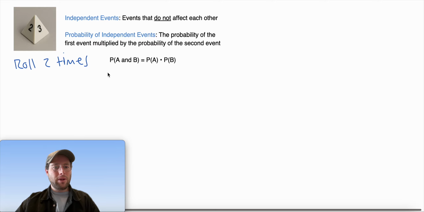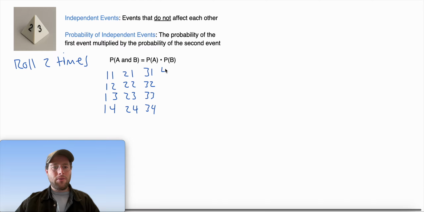So let's see here. We can get a 1 and a 1. We can get a 1 and a 2, 1 and a 3, 1 and a 4. And then we could get a 2 and a 1, 2 and 2, 2 and 3, 2 and 4, 3 and 1, 3 and 2, 3 and 3, 3 and 4.